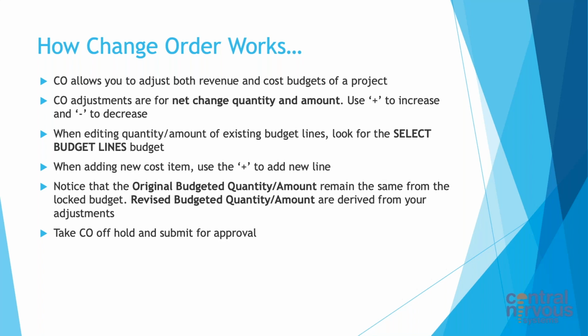You will notice when we show this, the original budget quantity will remain. We're holding that information again for visibility: this is what we start off with, this is what was signed off by the client. Then we can see what the revised budget quantity and amount is and see the change that took place.